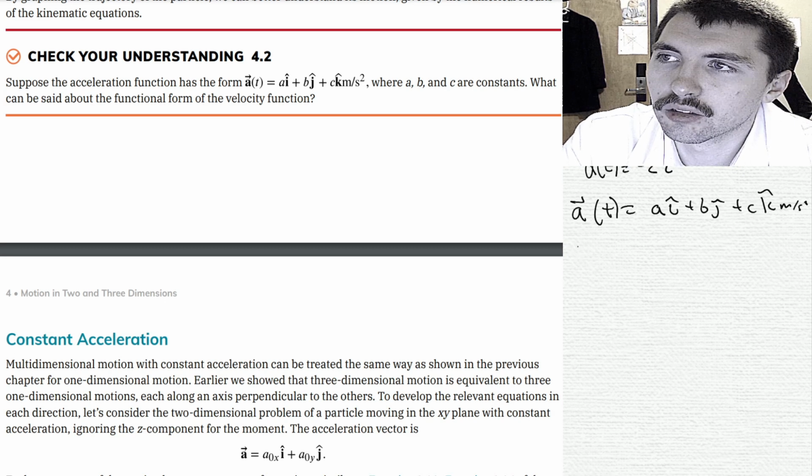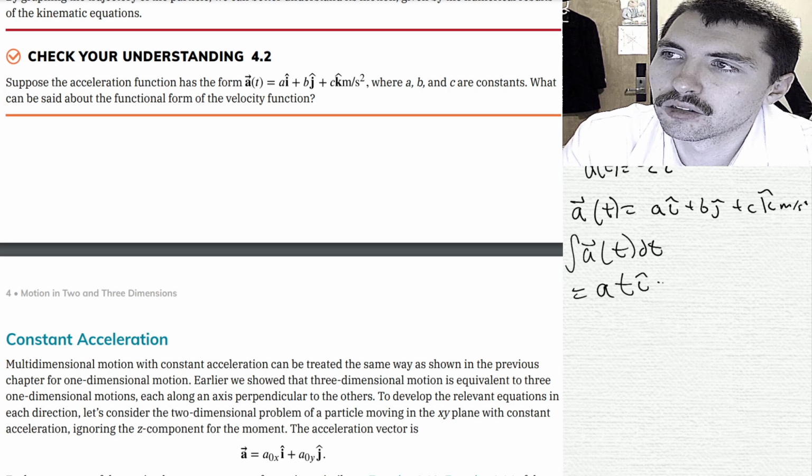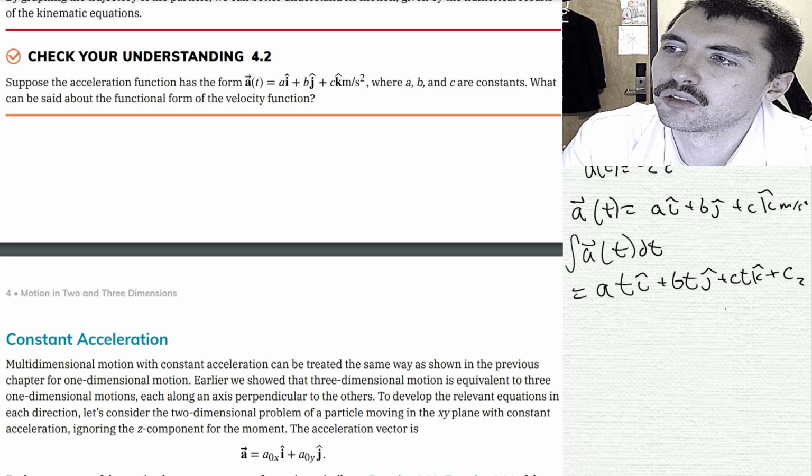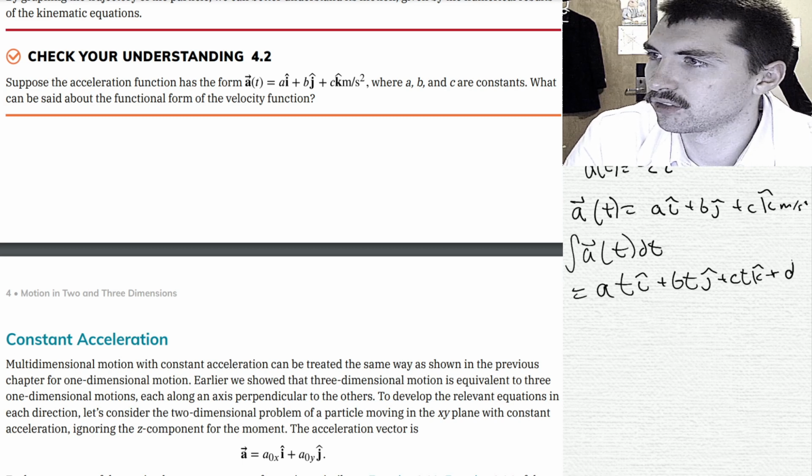Okay, so you're going to take the integral of a dt, which would be a t i plus b t j plus c, plus a constant. I guess I can put D.